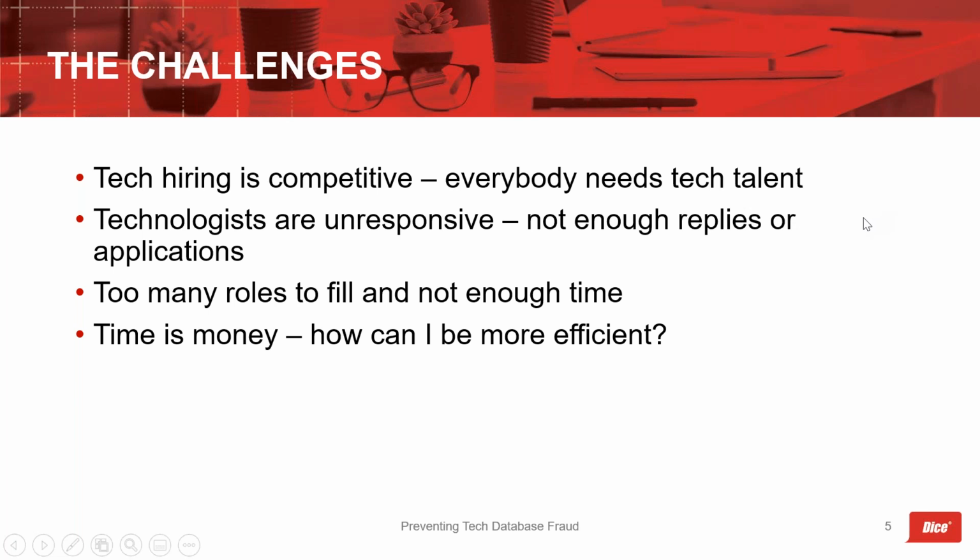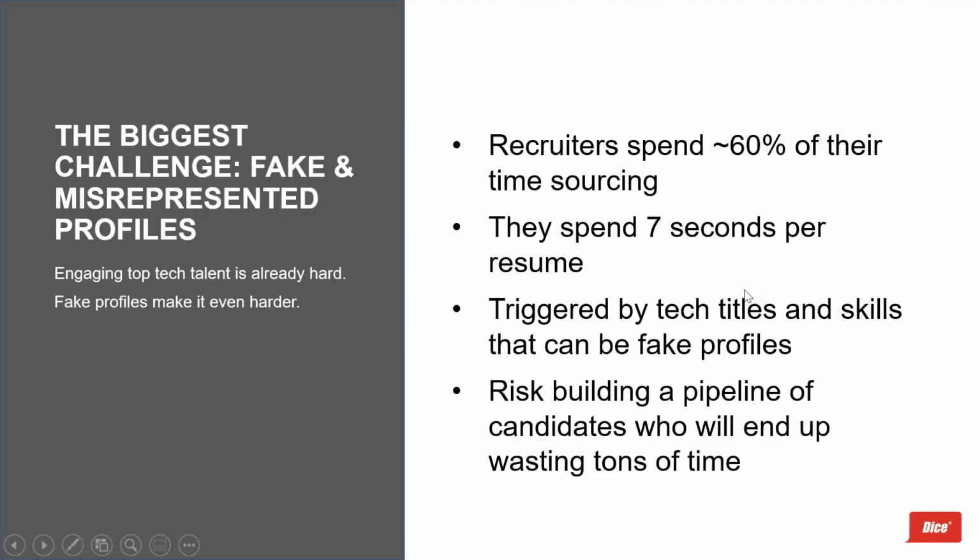If you have too many roles to fill at one time, you're really stretched for time, and time is money. So we work with recruiters and employers to figure out how they can be more efficient in these efforts to solve all these problems.